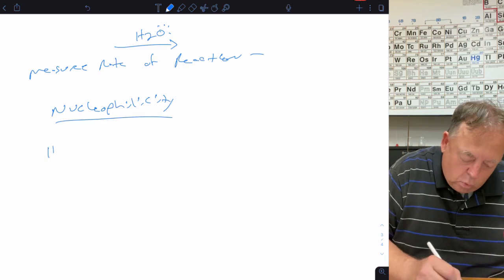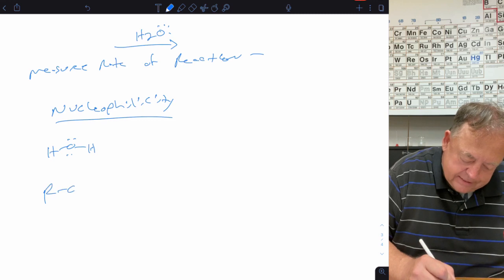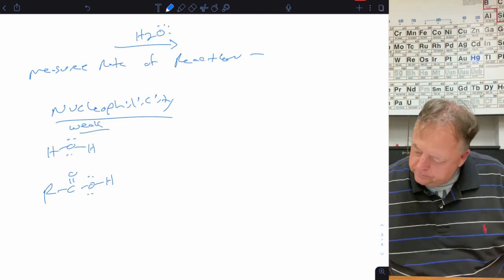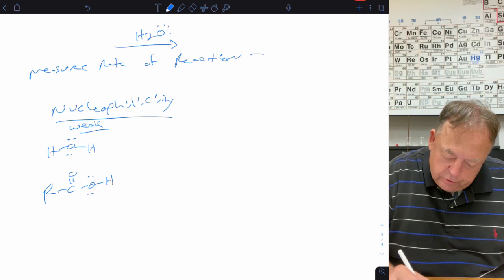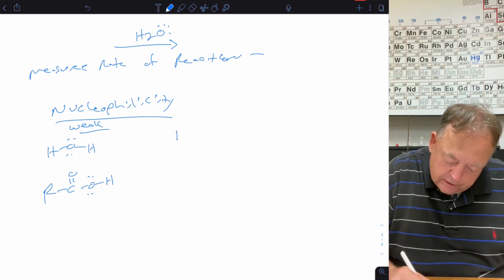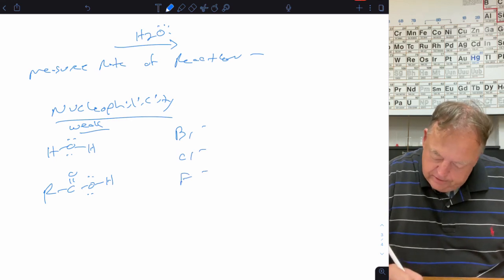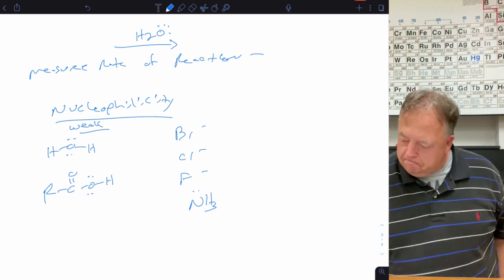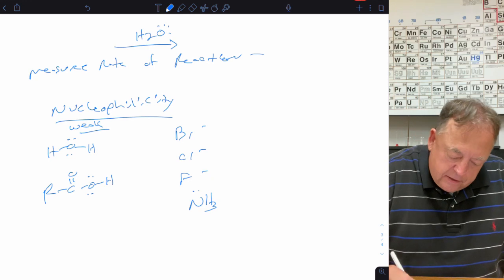nucleophiles like water and carboxylic acids are very weak nucleophiles. And nucleophiles like bromide, chloride, fluoride, and amines are moderate nucleophiles.